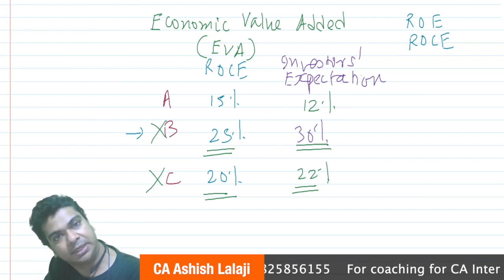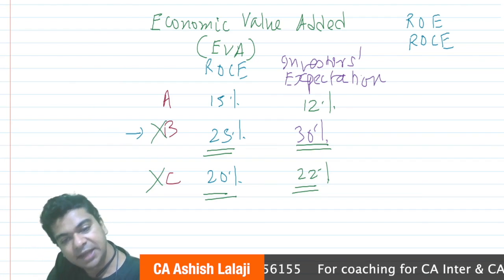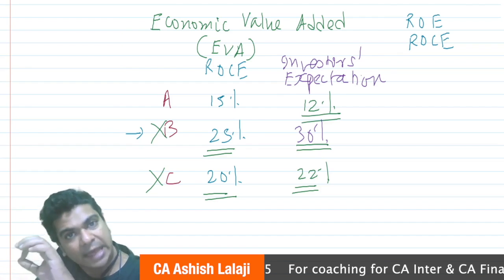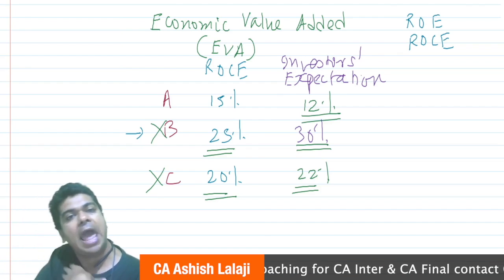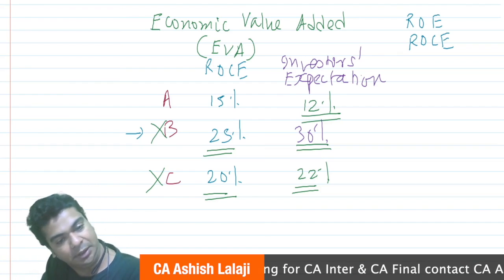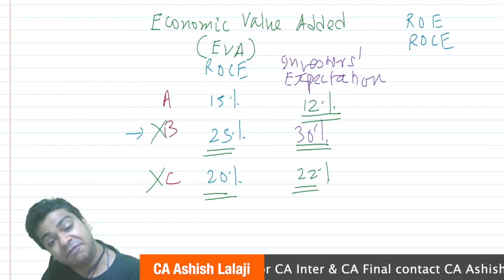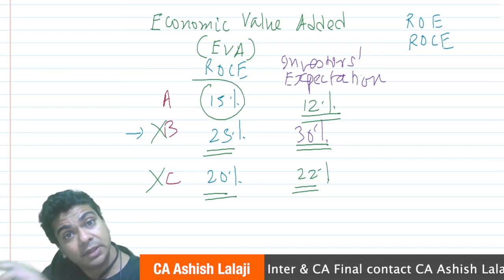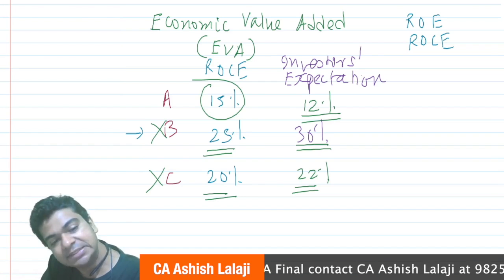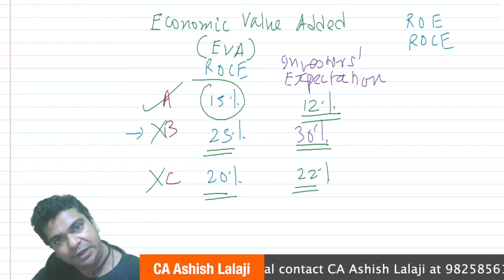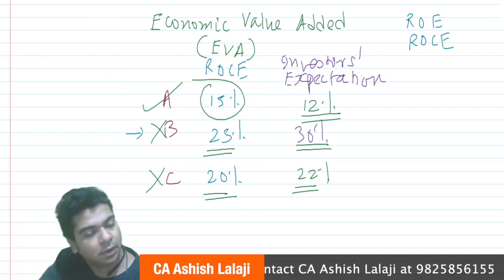I reject B. And finally, I realize that as per my expectation, as per the risk which is inherent in the shares of company A, I am expecting 12% return, but company A is giving 15% return. It is giving me return more than my expectations, and hence I will select shares of company A.